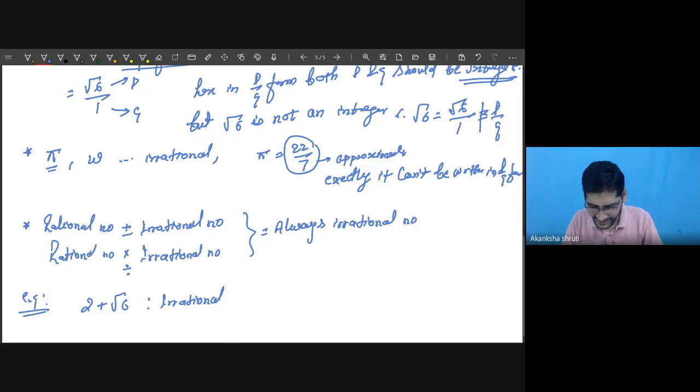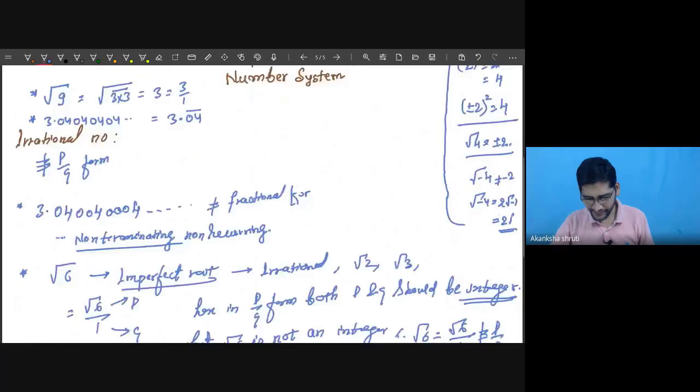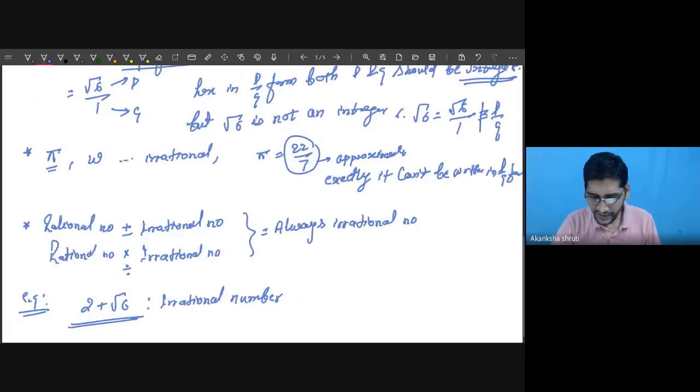Though one part is rational and another part is irrational, when the whole number is considered together, it is irrational. Okay, students. So this way you have to take care of rational and irrational. Identification of rational and irrational numbers is asked. Another one is the conversion of decimals into rational form. So write that one quickly.